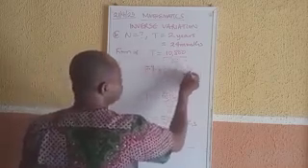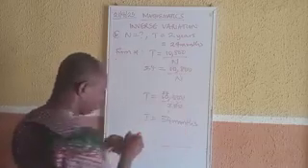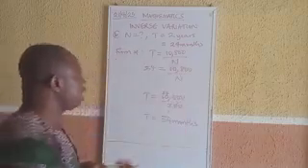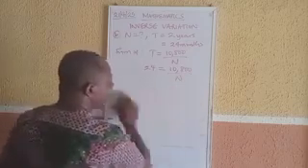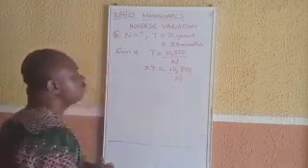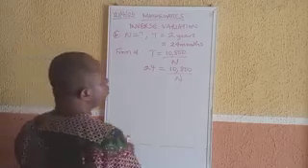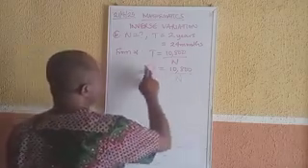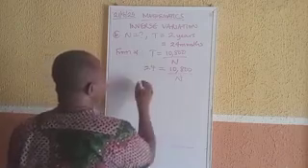That's 24 equals 10,800 over N. If we make N subject of the formula, N replaces 24, 24 will come here.